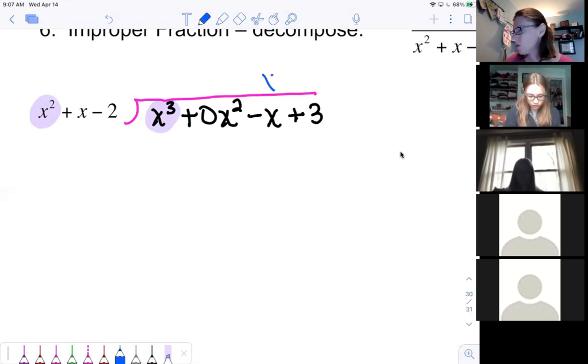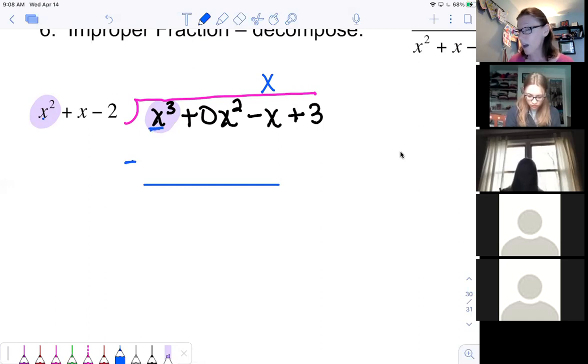Right. And then what do you do with that x after we place it on the top of our fraction or quotient symbol? You would multiply it by x squared plus x minus 2 and then subtract it from the x cubed plus 0x squared minus x. Nice job. So x squared times x makes x cubed.